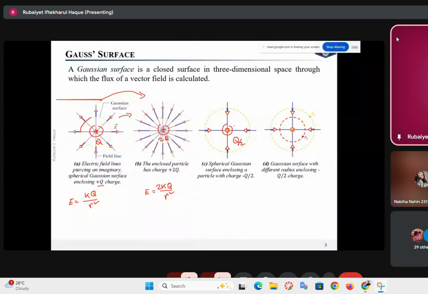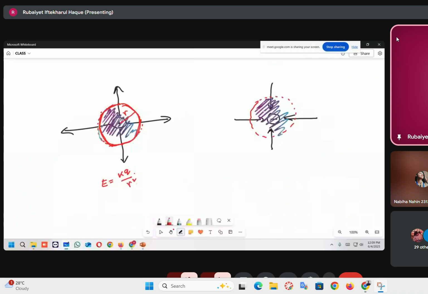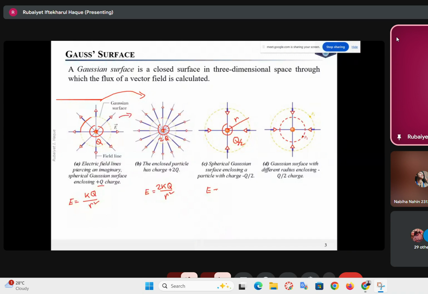If you see this third one, this one also has the same radius r. So in this case, what will happen? Originally this is the modulus of the charge, right? In this particular case, we do not care about the sign. It will be kQ by 2r squared.